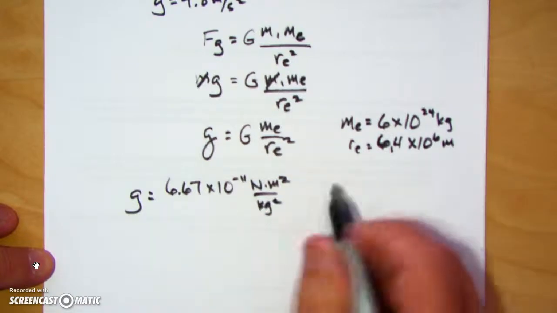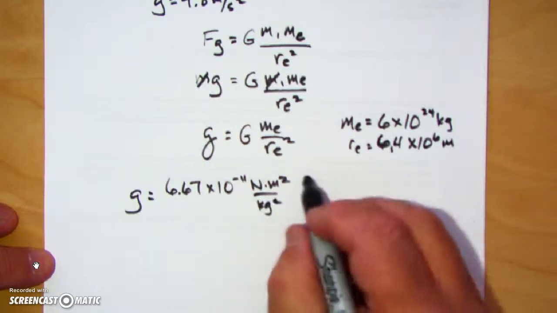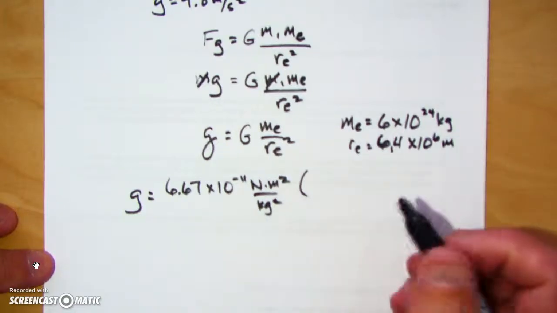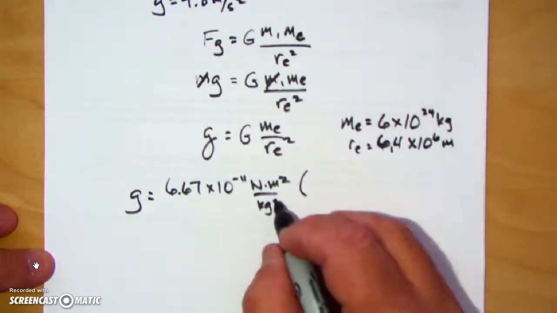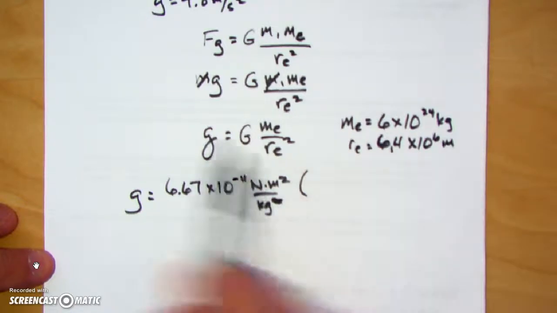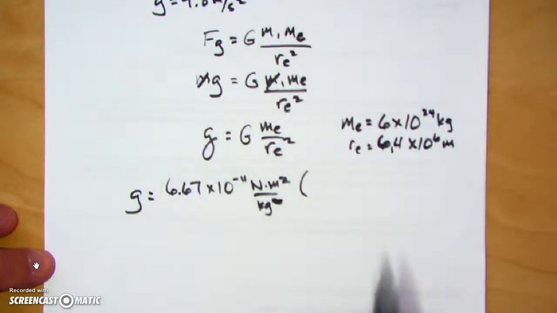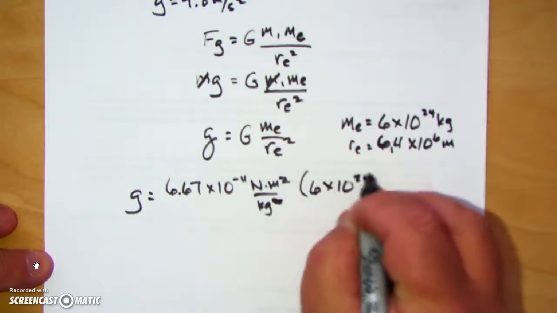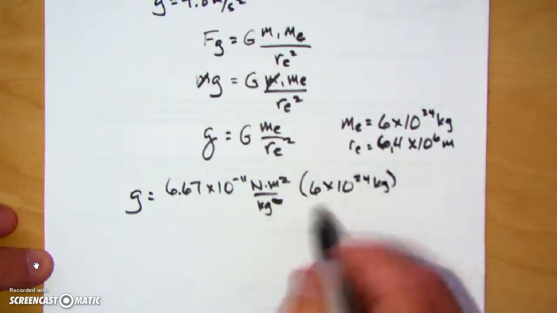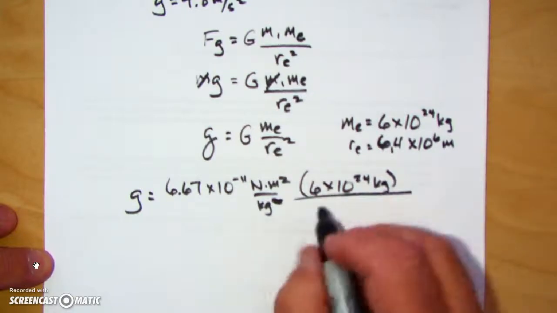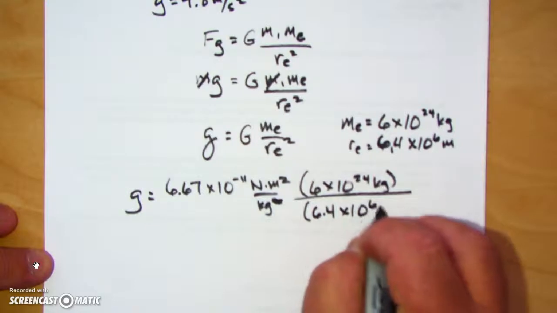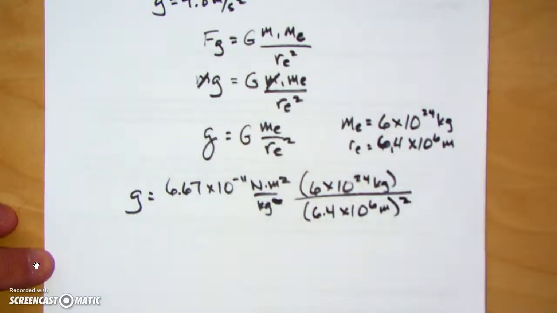I'm going to put all the units in and show you what happens with those. The mass of the Earth is just going to be kilograms because I got rid of a mass up here, so one of my kilograms is gone already. The mass of the Earth is 6 times 10 to the 24th kilograms divided by 6.4 times 10 to the 6th meters, and that quantity squared.